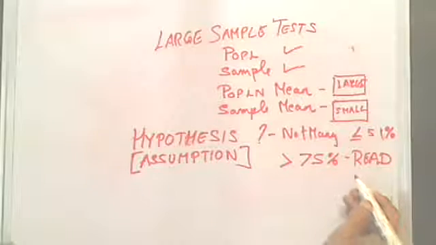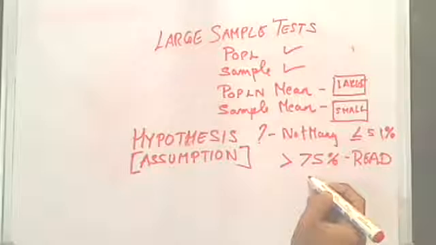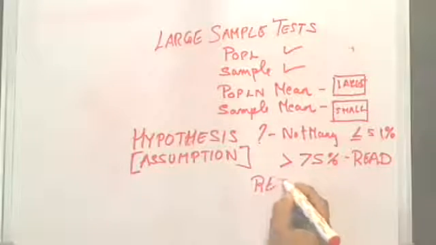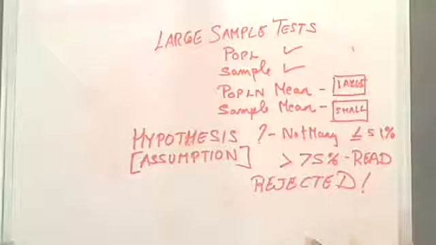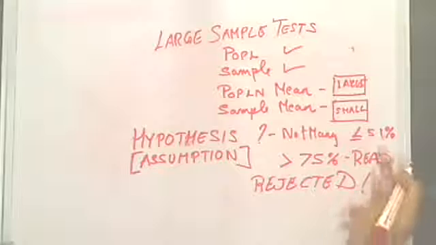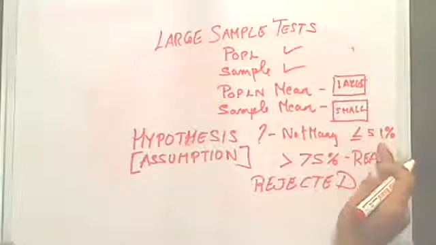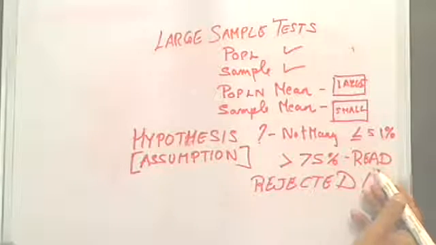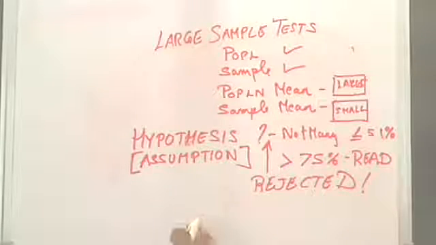And after doing the analysis, I saw that more than 75% actually read the product label. In that case, my hypothesis has been rejected. I say rejected because I was under the assumption that 51% of the people don't read it. Now, after doing the research, it shows more than 75% happen to read it. So my hypothesis here happens to be rejected.